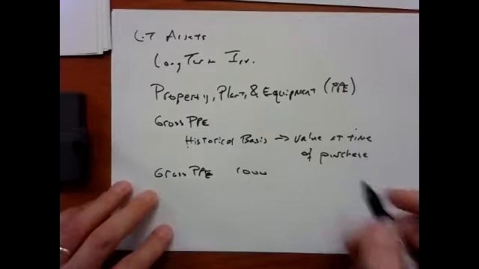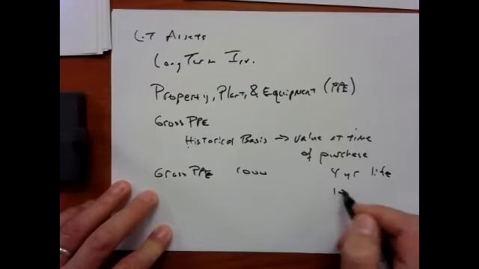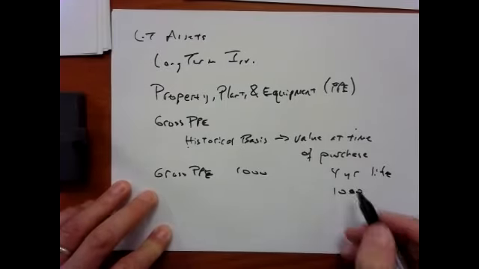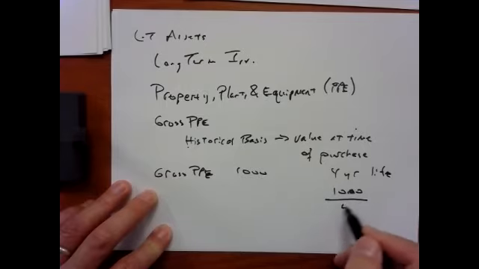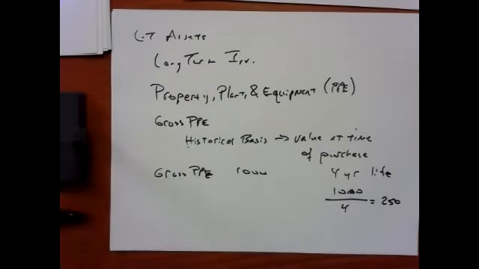So with my laptop, using a simple example, let's imagine my laptop has a 4-year life. If my laptop has a 4-year life and it costs $1,000, and we're going to do straight line depreciation, I would take 1,000 divided by 4, and I would take a $250 depreciation charge each year for my laptop.